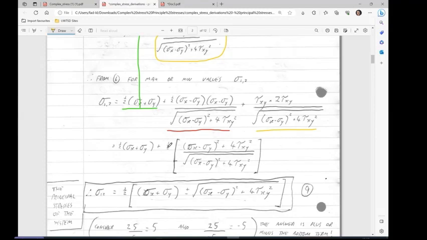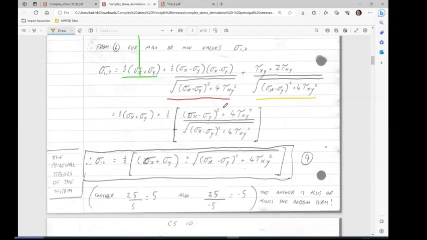Essentially, if we were to multiply that by that, we'd end up with this lot, and it's over the hypotenuse. Then we've got 2 tau xy squared on the top here. So if we write 4 tau xy squared and multiply it by half, we end up with 2 tau xy squared, and again the hypotenuse underneath.